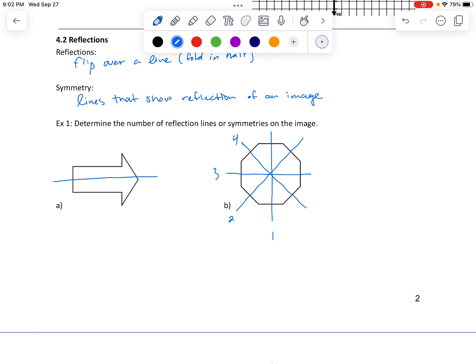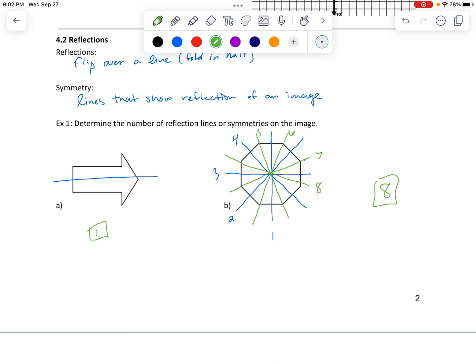I'm going to switch colors here. I also have 5, 6, 7, and 8. So I have 8 total reflection lines there.